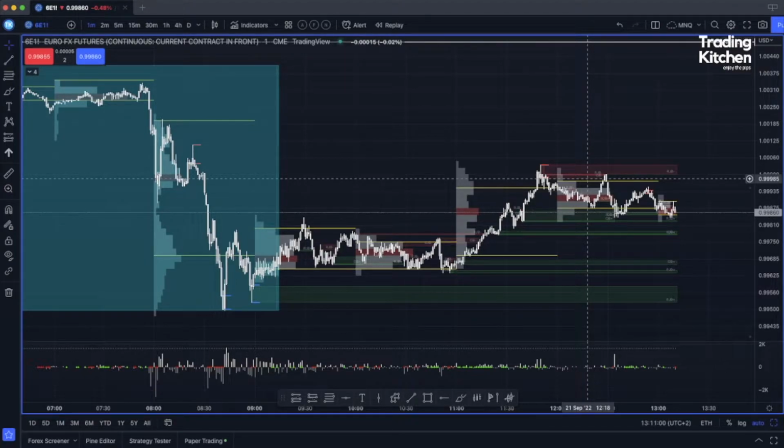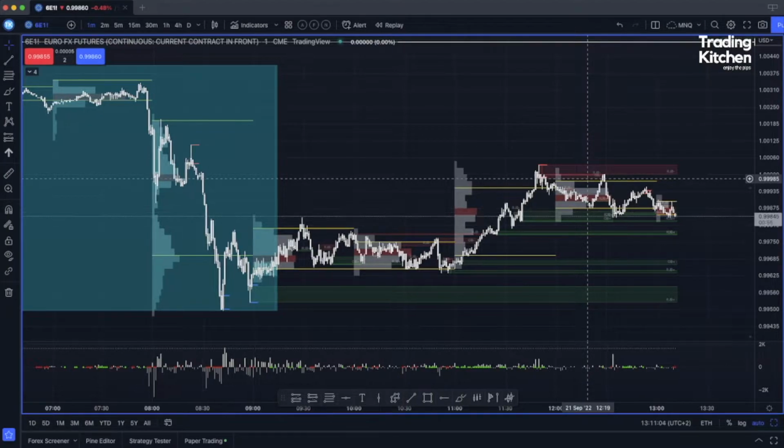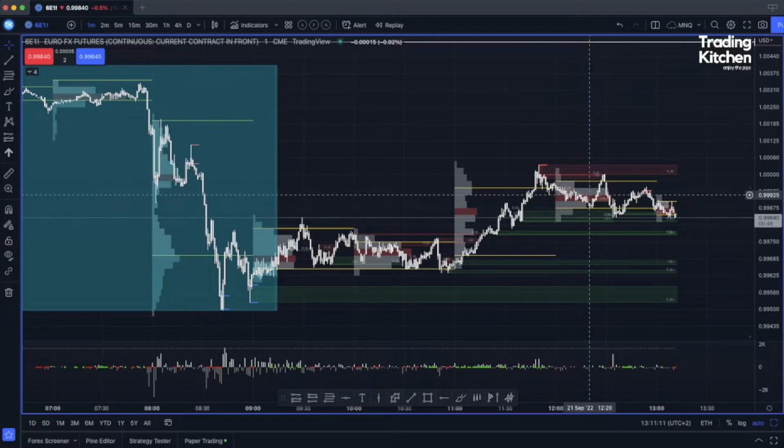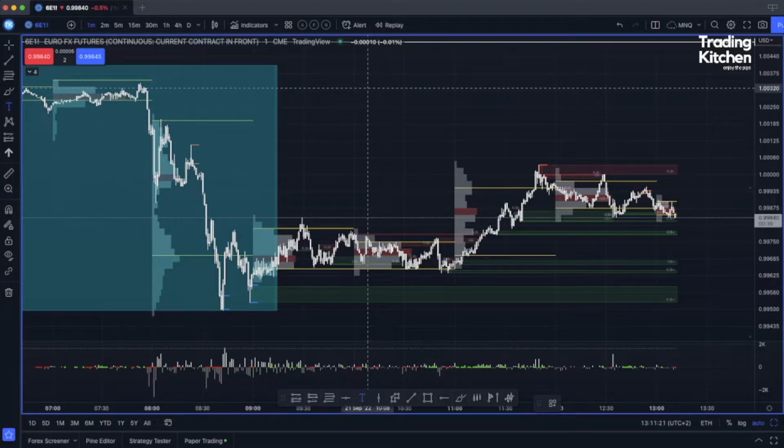So this is the premise I want to tell you. I do not use the footprint chart on TradingView just because I use a professional platform. If you don't want to spend a lot of your money, but this is not spending money, this is investing your money.